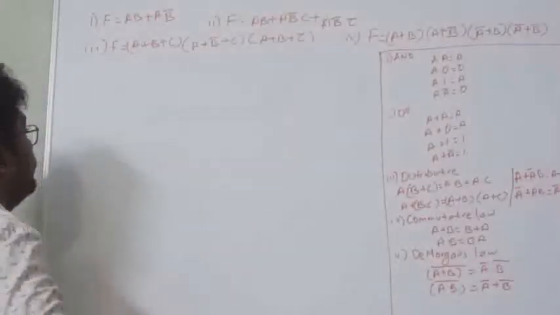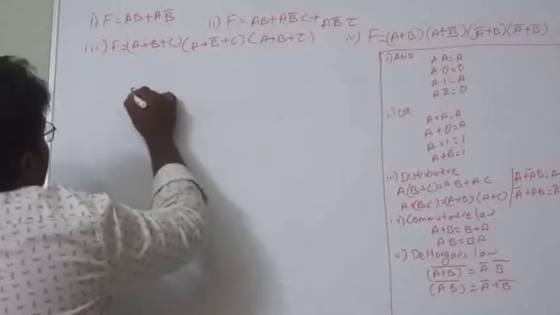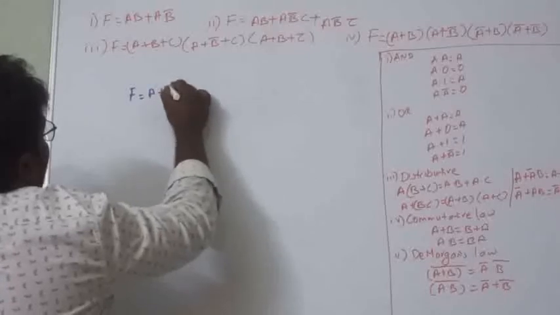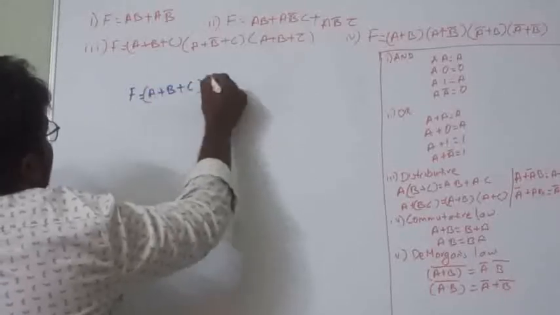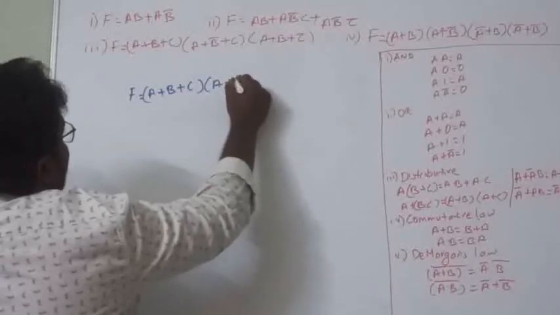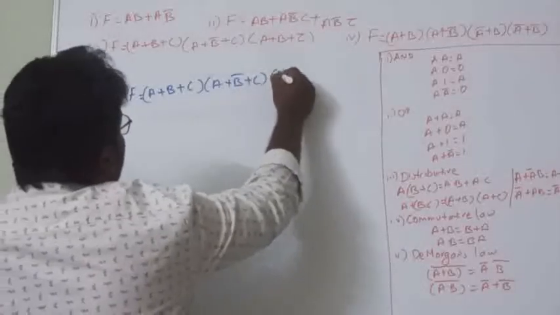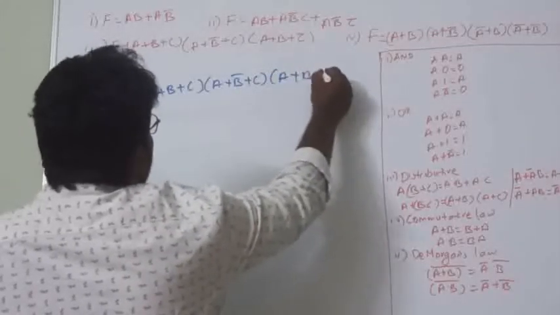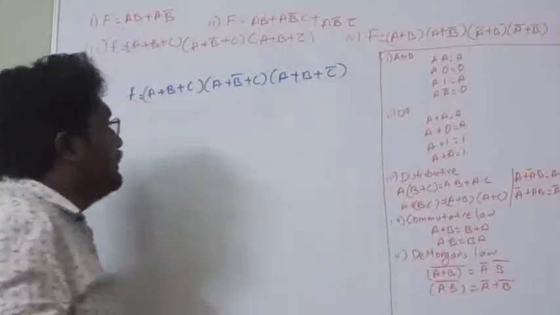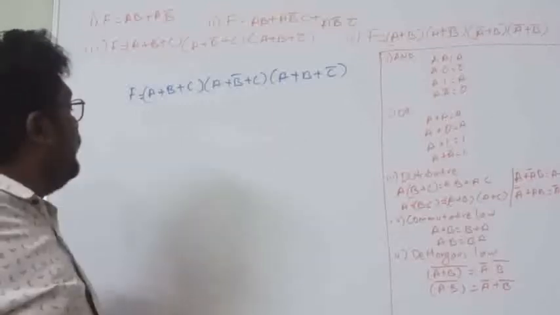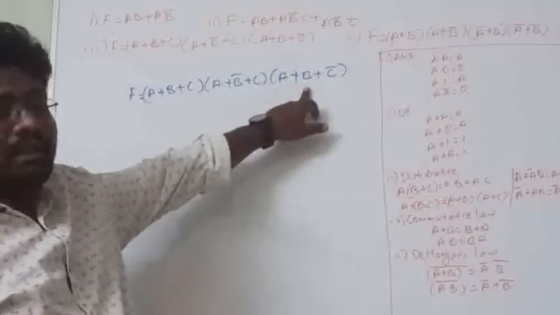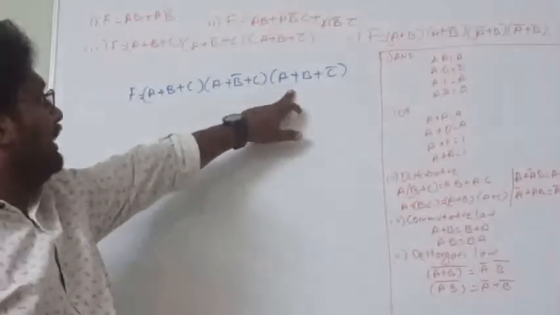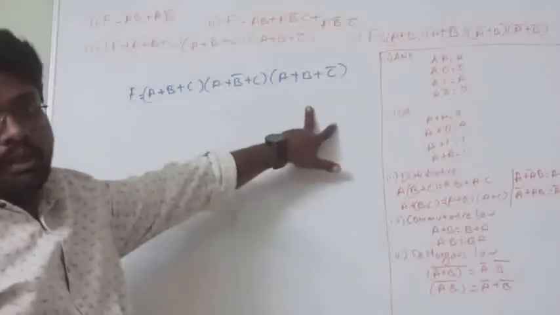Third one is that F is equals to A plus B plus C, A plus B bar plus C, A plus B plus C bar. So if we observe the first expression and the third expression, we are having A plus B as common, right?